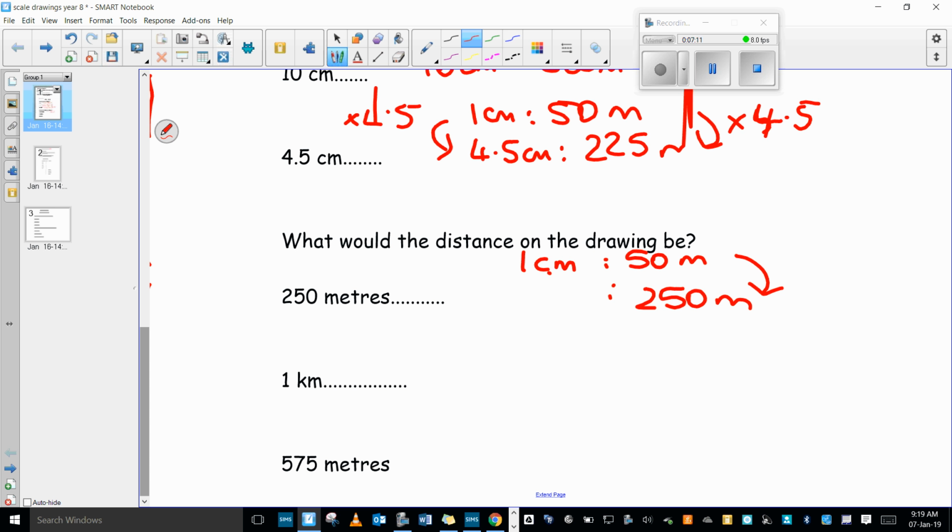And we multiplied by Jade? 5, which Jade told me. So we also multiply the left-hand side by 5 centimeters, so our answer there would be 5 centimeters.